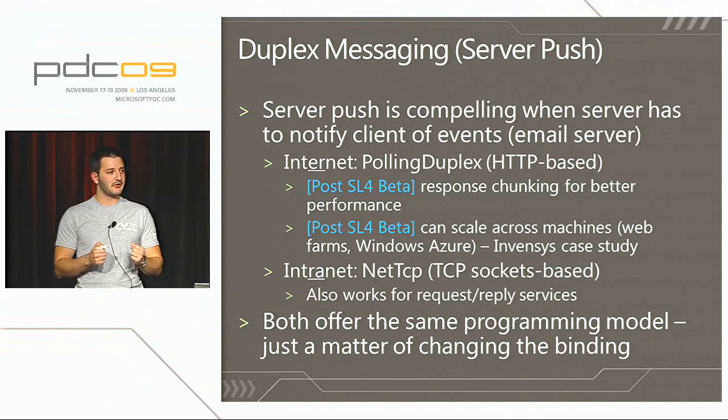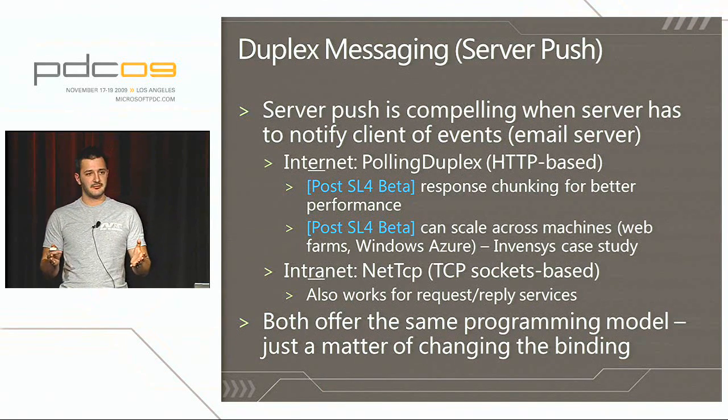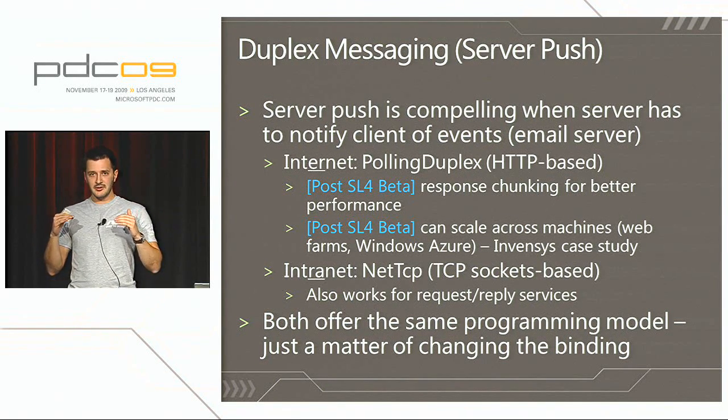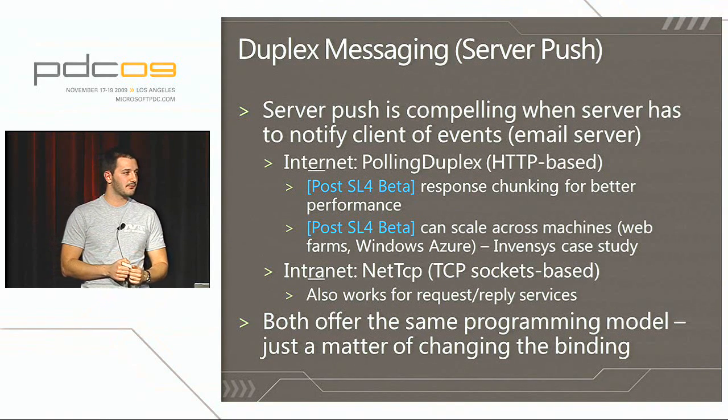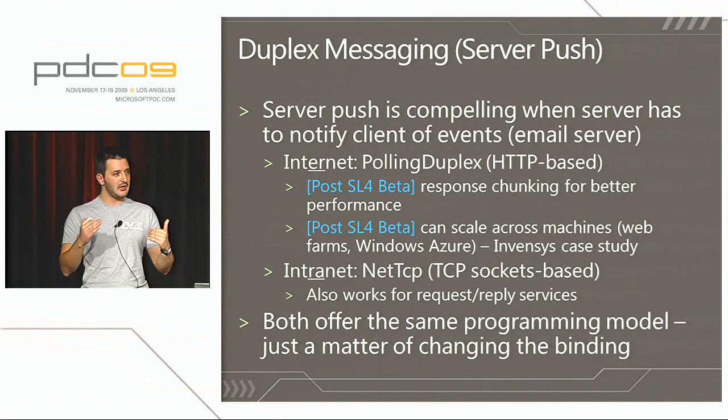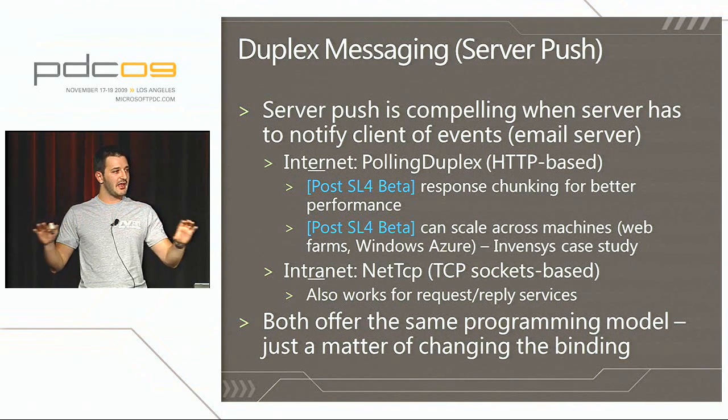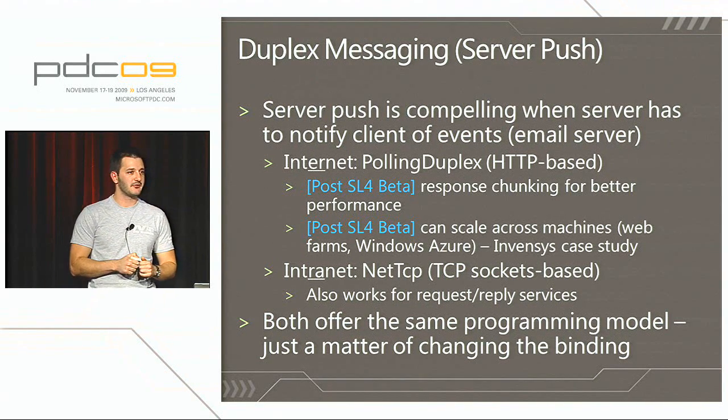Another new feature that we're considering is scalability across machines. There's a limit as to how many HTTP clients you can support on the same machine. So you're going to hit that limit inevitably. And then what happens after that? We're thinking of giving you ways that you can still meet your client demand by scaling out across multiple machines.